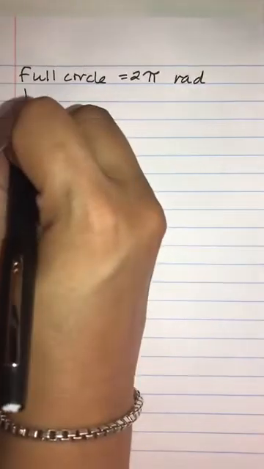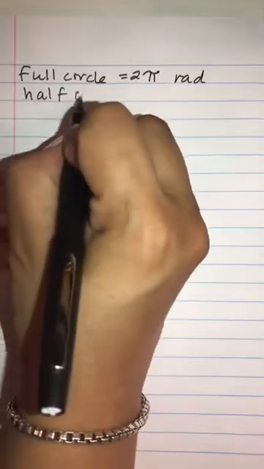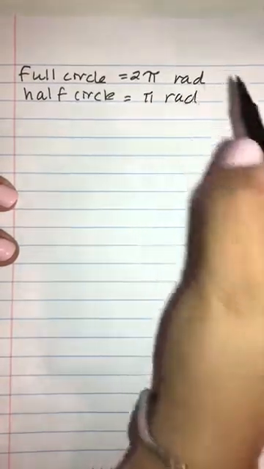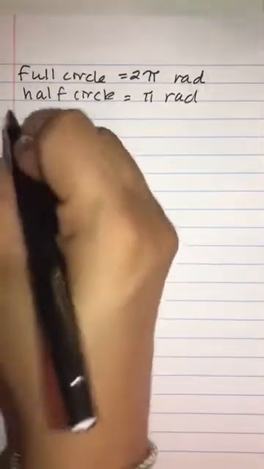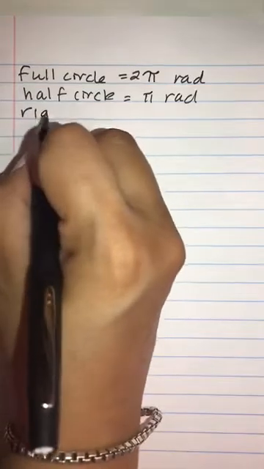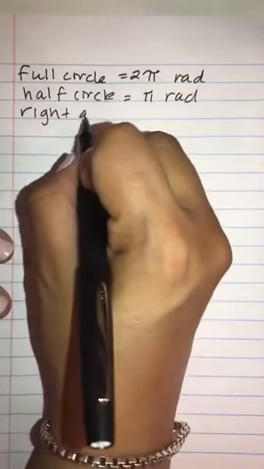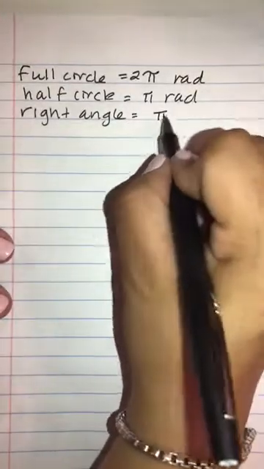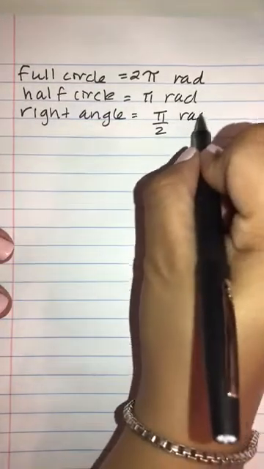A half circle is going to equal pi radians, and a right angle is going to equal pi over 2 radians.